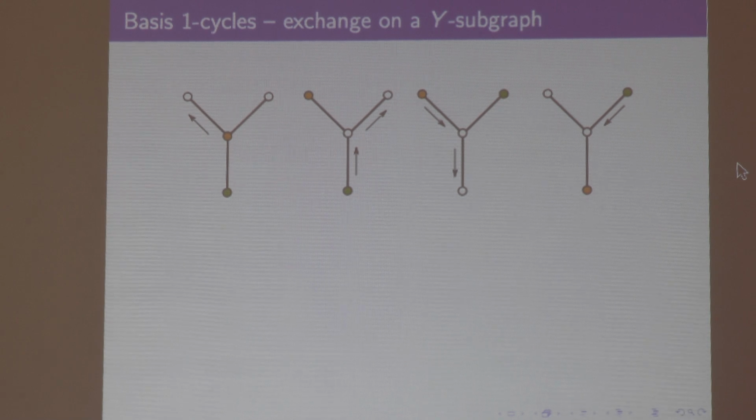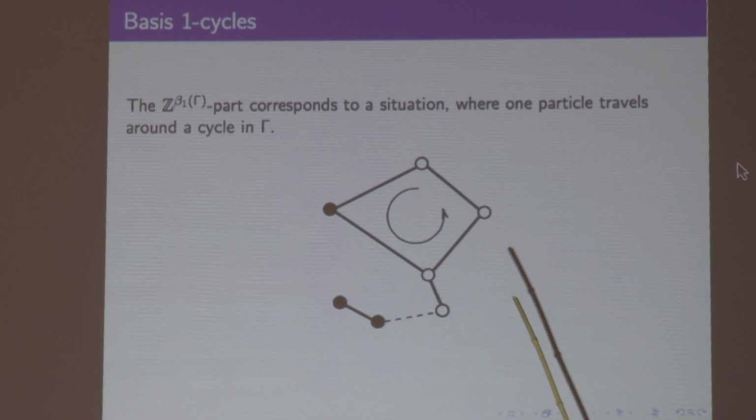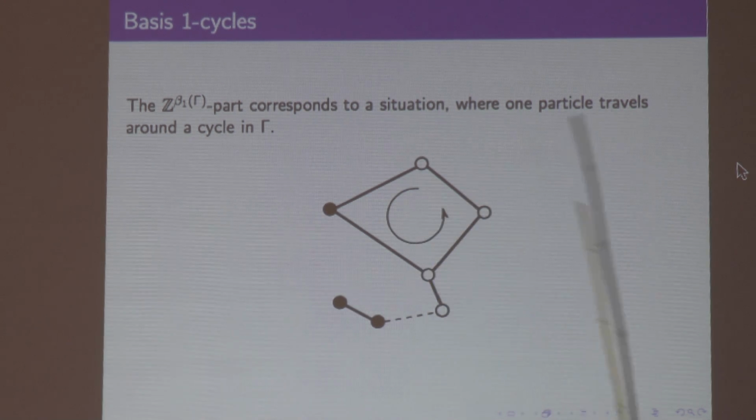When we have such a process, then we see that they have exchanged. So this is a loop also in this n particle space, and from theory for those complexes, we know that these are all possible one cycles, and this is a good basis for one cycles. So we only have to look for the Y graphs and for cycles inside the graph.